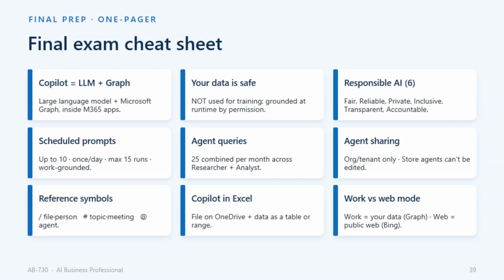You get 25 agent queries per month, shared across researcher and analyst. Agents are only shared within your organization, and store agents can't be edited. Reference symbols: / for files or people, hash for topics or meetings, @ for agents. Copilot in Excel needs files on OneDrive and data as a table or range. Work mode uses your data. Web mode uses public web data.